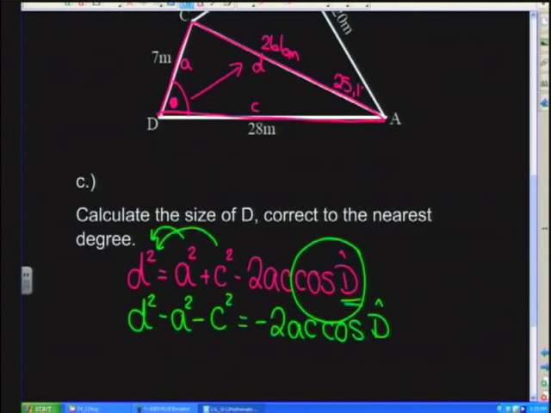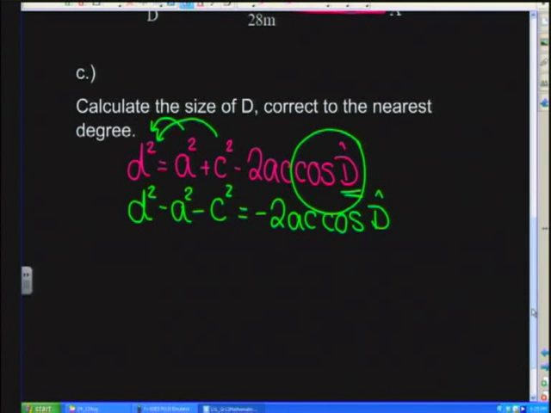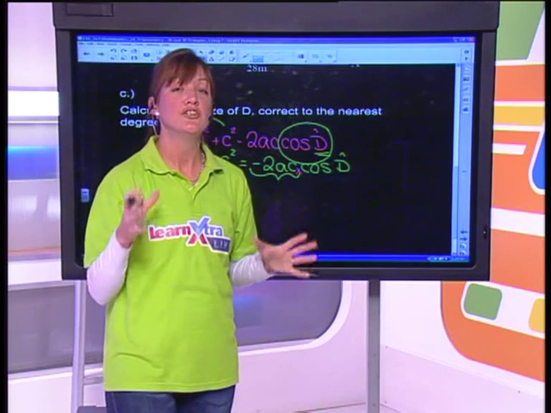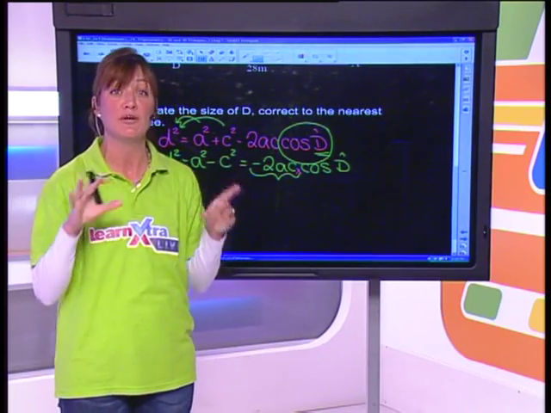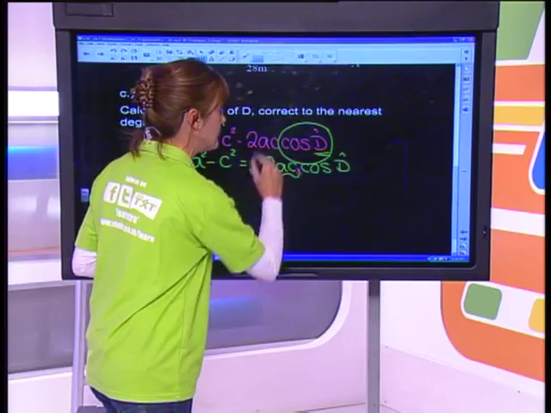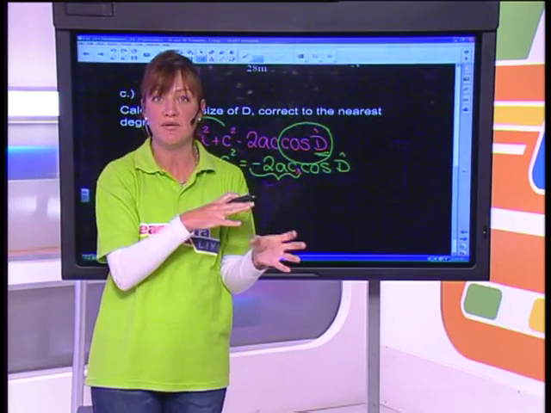Cos d is not completely on its own just yet. What we're still sitting with is negative 2ac, and the negative 2ac, remember, is joined to your cos d by multiplication. So please don't make the mistake of thinking you need to add ac onto the other side, because it's not. This is all one term, so you can't separate it with addition.